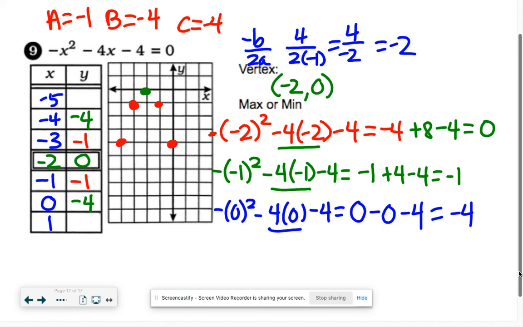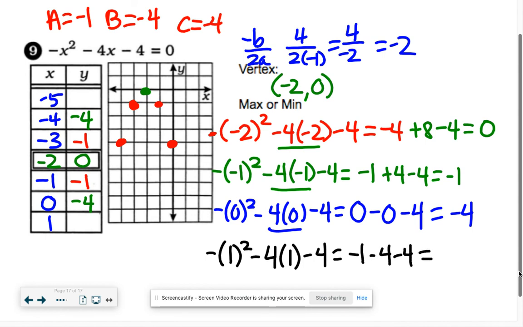Then our last one here, kids, is 1. Okay, 1 squared is 1, but that negative up front makes it negative. -4 times 1 is -4, minus 4 more. Oh boy.